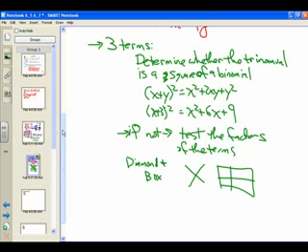If not, in other words, if it's not this, test the factors of the terms.